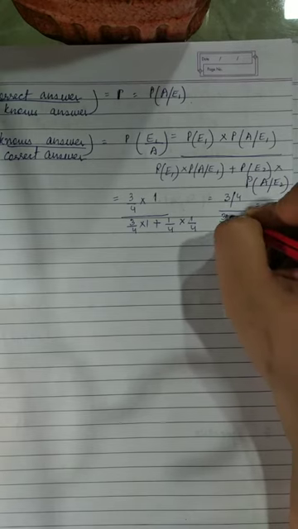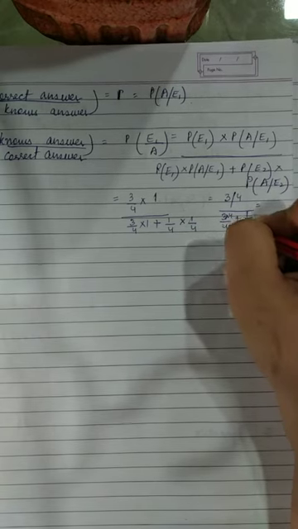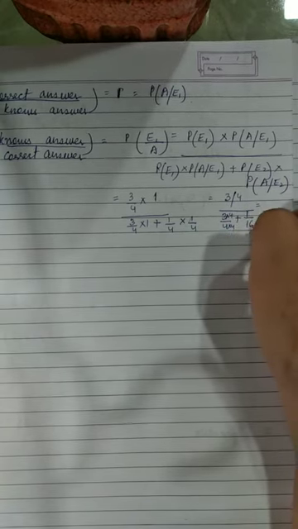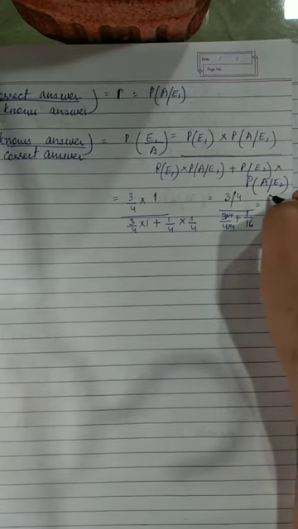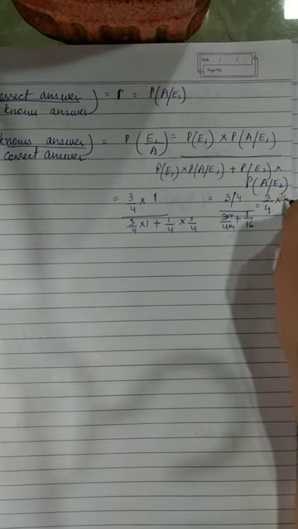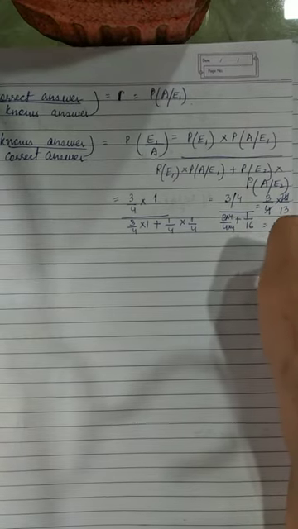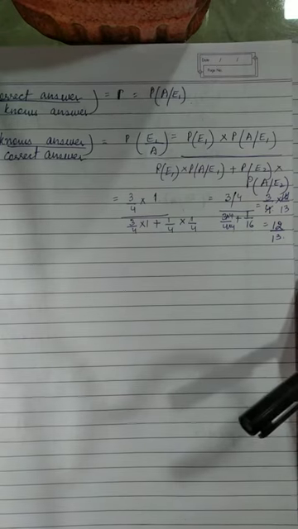So if I multiply this with 4 and this with 4, so this is 12 upon 16 plus 1 upon 16, that is 13 upon 16. So 3 by 4 into 16 upon 13. So that is 4 4s are 16. So the probability is 12 by 13. That is the answer that we are going to get here, right?